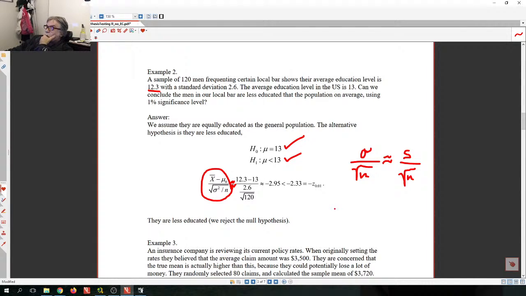But one way or the other, you can really calculate it. The radical of 120 to 2.6 divided with whatever that is, and then you get something for the denominator. On the top, you have negative 0.7 divided with what you calculate on the bottom. I ended up with negative 2.95. Okay, what's the critical value of the test?